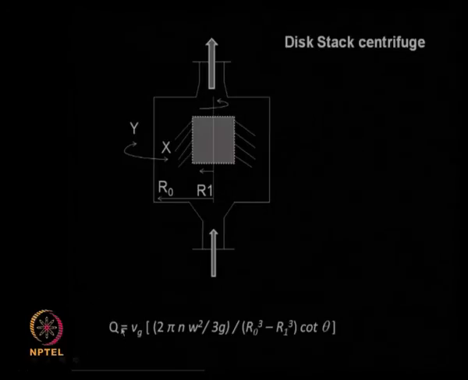Again you see Q, the throughput through the centrifuge, is a function of Vg, the terminal settling velocity, and these are parameters which describe the hardware of the disc centrifuge, and omega is your rotational velocity. So once again, just like your previous relationship for a bowl centrifuge, we have the throughput as a function of the terminal settling velocity and the hardware parameters.